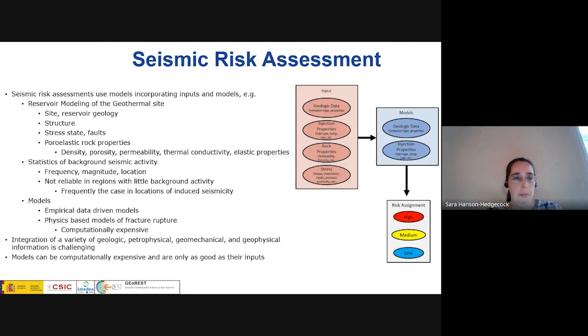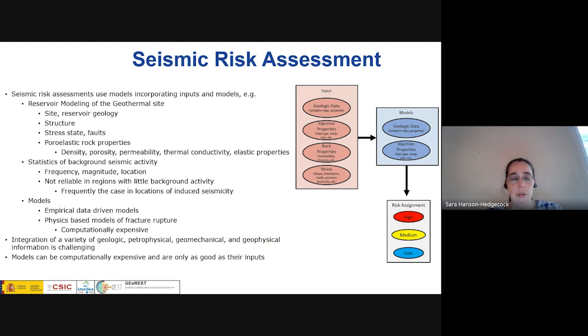The way people do this is they make a big study of the subsurface, understanding the geology and the structure, where the formations are, the rock properties of the subsurface, and what pre-existing fractures are there that you could have an earthquake on if you start pumping fluids there.